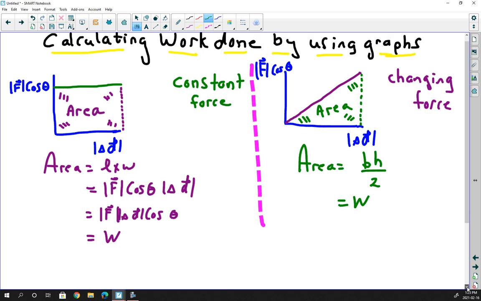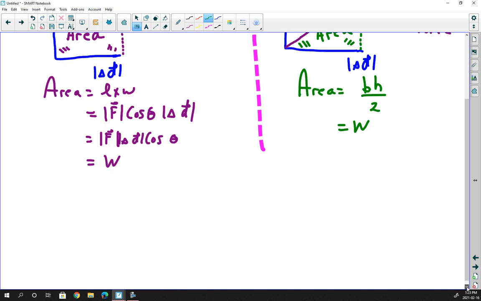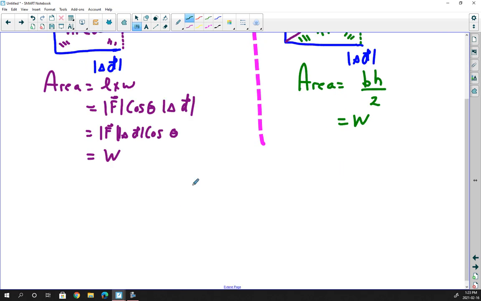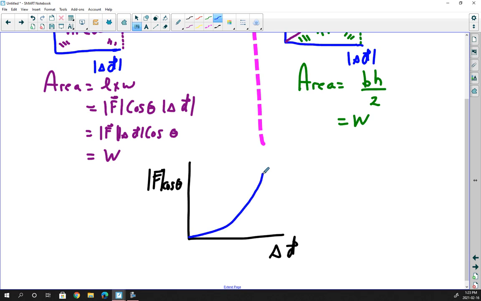Now, if you really want to get fancy schmancy, and this is more like a university situation, let's say you had your force cos theta here on this axis again, and here you had your delta D. But now we had a parabola in here, right?